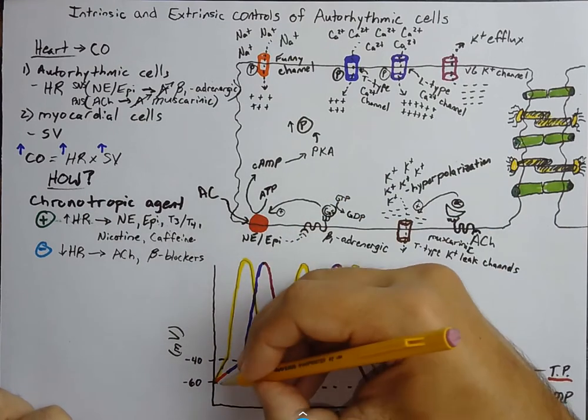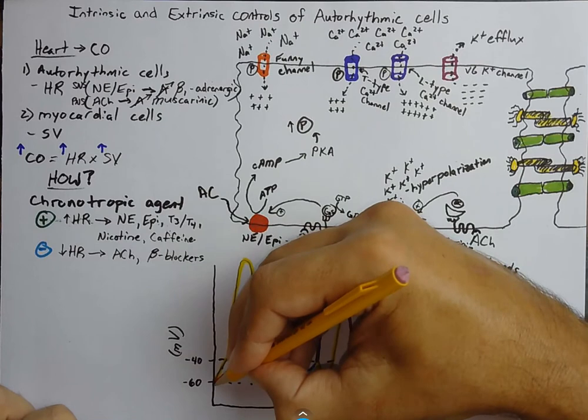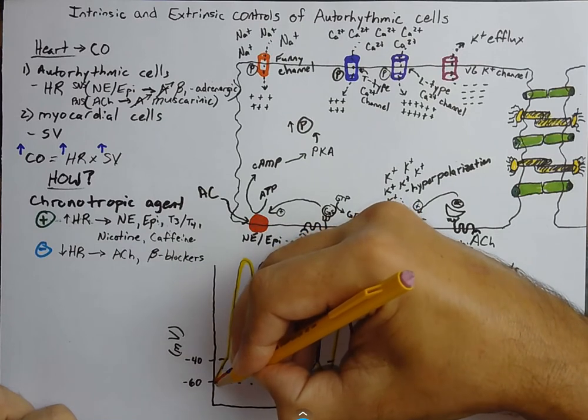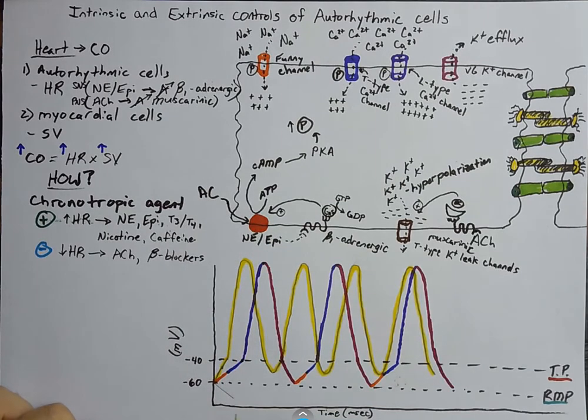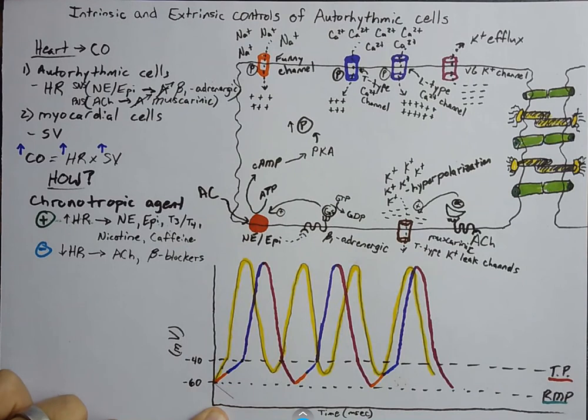Well, the action potential is going to be much more difficult to create because as potassium leaks out, we hyperpolarize. We just got further from threshold as we opened up these T-type potassium leak channels. We just got further from threshold. So it's just going to become that much more difficult to create a threshold potential. What else is going to happen here?